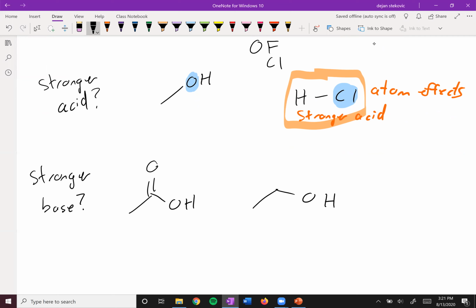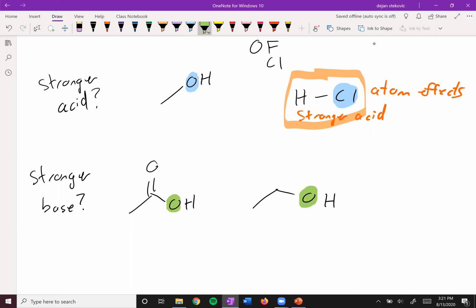Another question we could ask is, which one of these is the stronger base? Right, so the first thing we want to take a look at is what's the difference between these two compounds. They both have an OH bond and they're both neutral, so it's not charge and it's not atom effects. And so if we were to think about putting a negative charge on this oxygen because we're giving up an H+, it would reside only on this oxygen.